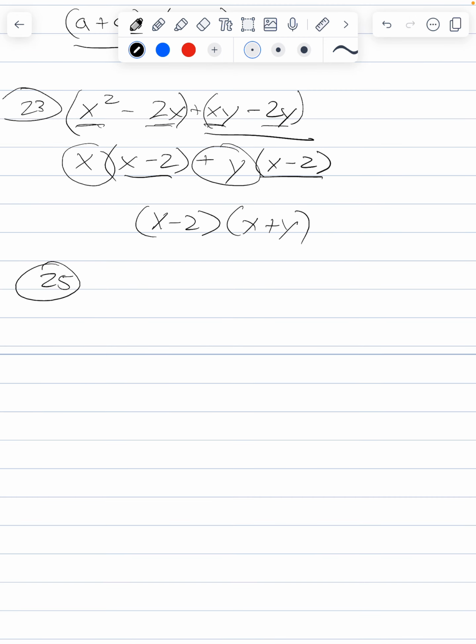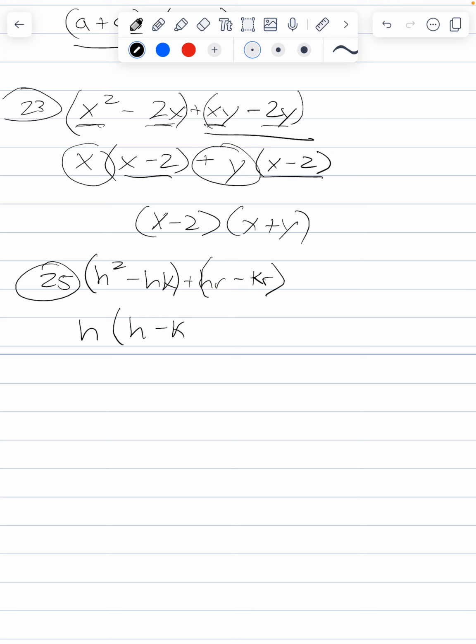Okay, 25. We start with h squared minus hk plus hr minus kr. Well, again, I'd like to group these so that I can take a factor out of each pair. Looks like I can do an h here. H squared divided by h is h.